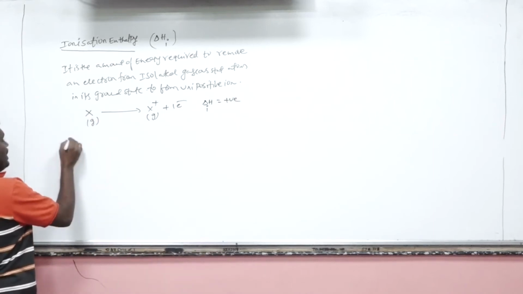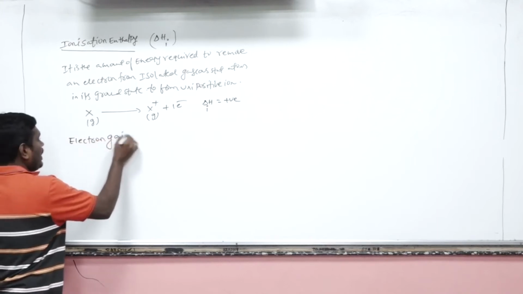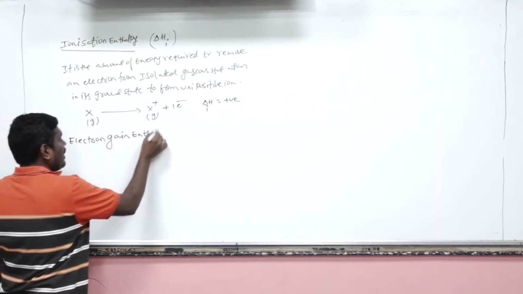And what is the electron gain enthalpy? It is represented as delta Heg, electron gain enthalpy.